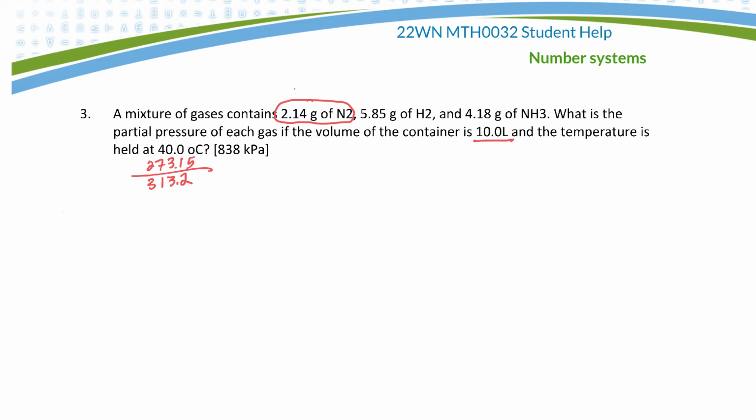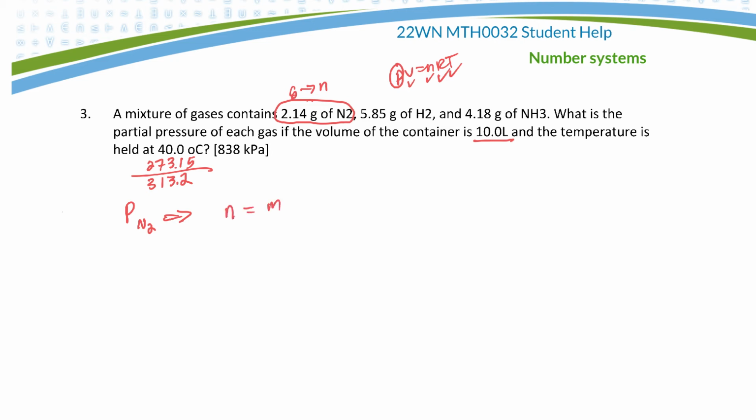So they give me grams, and from that I can find moles, and then I can use the formula PV equals nRT, because I will know moles, temperature, volume, and the universal gas constant, so I can determine the pressure. Let's do that then. So the pressure due to nitrogen. Maybe before that, let's do the moles first.